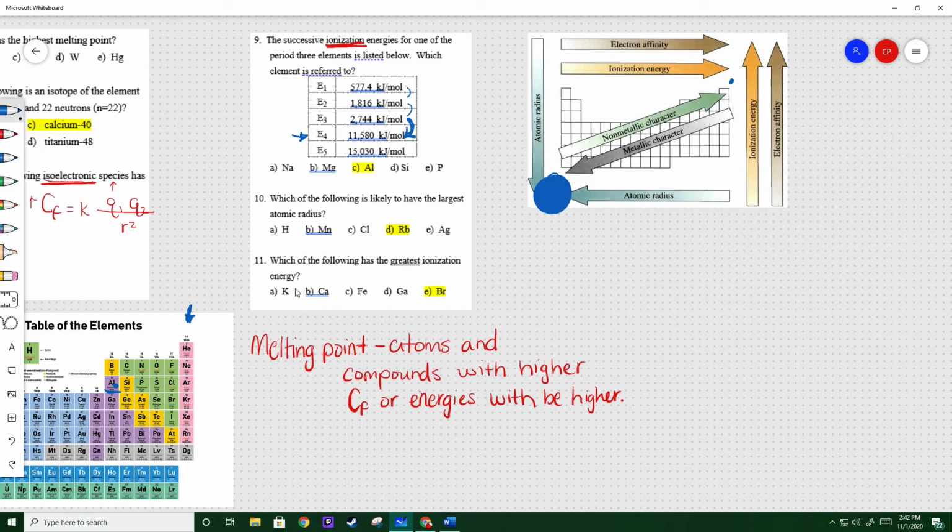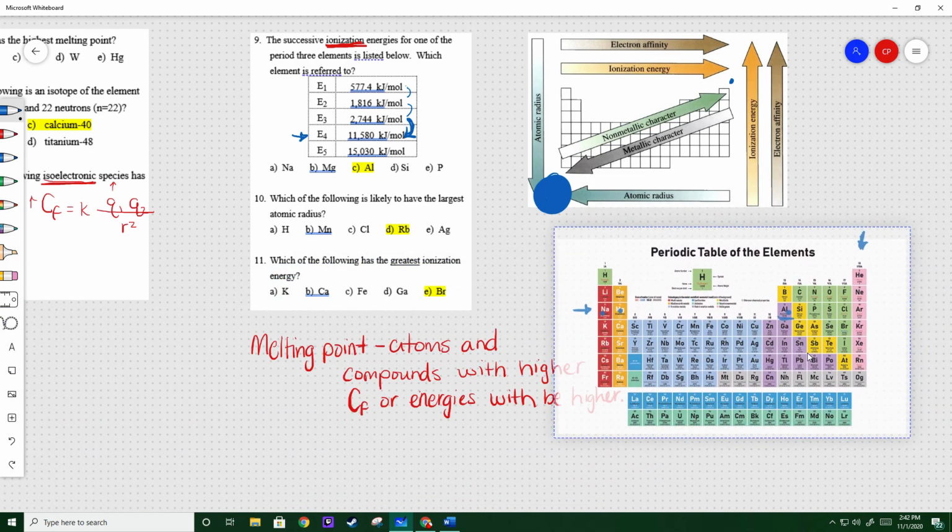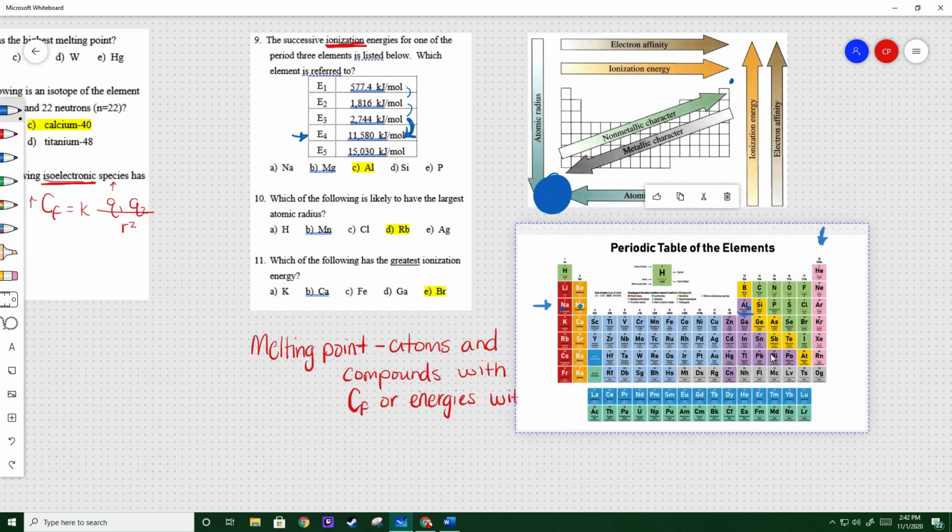Okay, so in this case, let me bring the periodic table over here. We have hydrogen here. We have manganese here. We have chlorine over here.